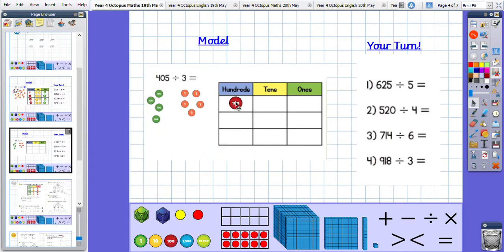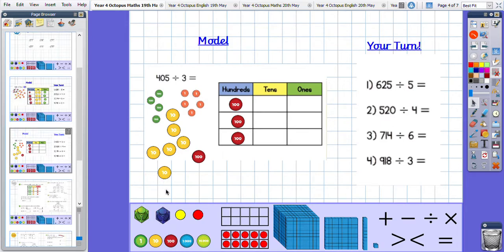So using my hundreds, I've used 1, 2, 3. Now I know I've got 4 hundreds, but I can't split this equally. So I need to exchange one of my hundreds for 10 tens, because 10 tens are equivalent to 100.